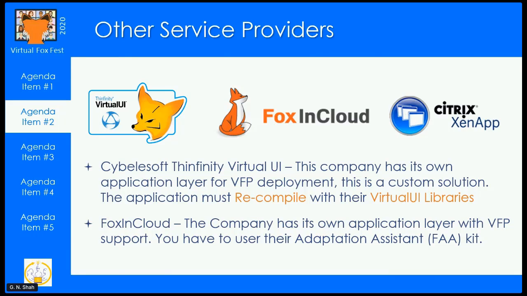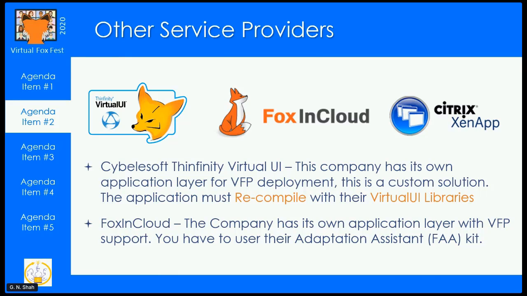Then you deploy the application and can use it, but it has to go through their Virtual UI libraries. So there are dependencies, and similarly, FoxInCloud does the same thing. They call it the Adaptation Assistant, FAA kit. You have to use that kit to modify your application, and then you can deploy to their environment.